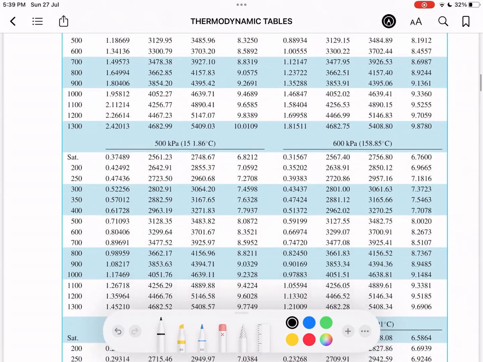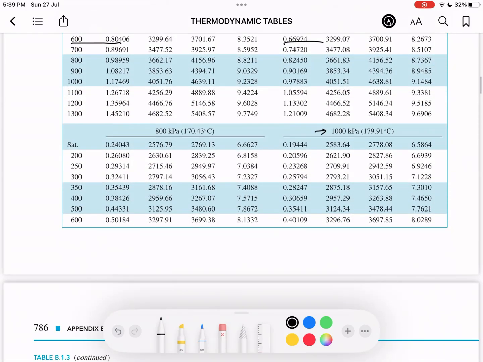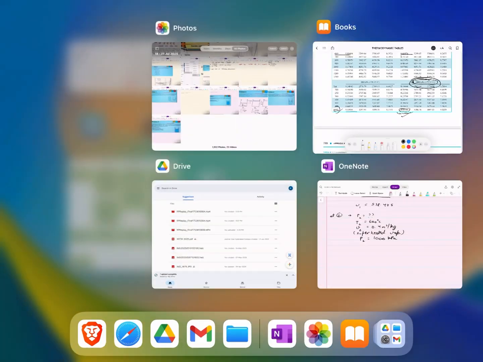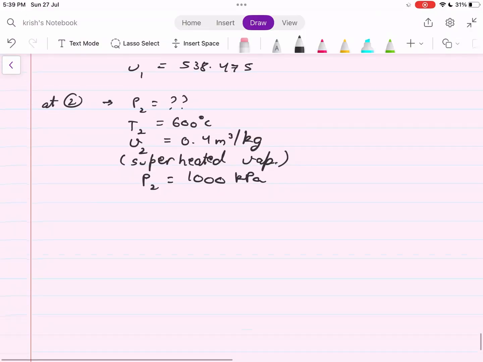At 500 kilopascals, 600 degrees Celsius is 0.8, then it is 0.66, then it is 0.50, then it is 0.40. So only at 1000 kilopascals the condition is met that at 1000 kilopascal and 600 degrees Celsius the volume must be this much. So we know these two, that means this one must be 1000 kilopascals. So our P2 comes out to be 1000 kilopascals from the superheated tables.